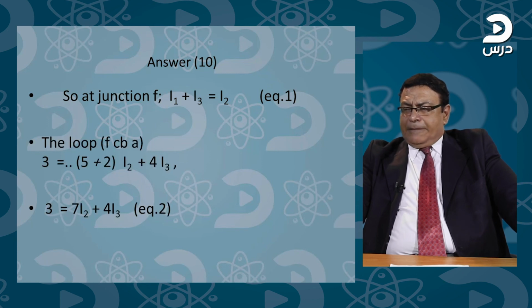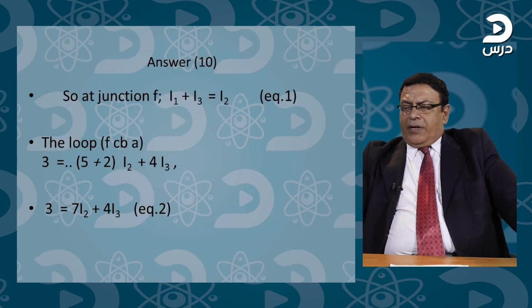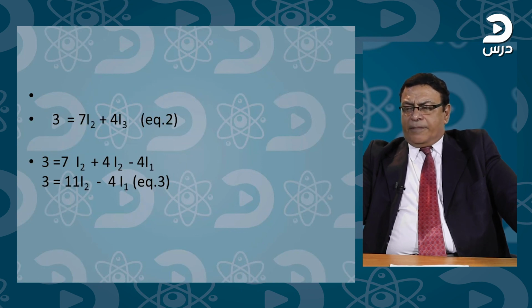Number 10. At junction F, we take the point F: I1 plus I3 equal I2. This is equation number 1. The loop FCBA: 3 equal I2 multiply 5 plus 2, plus 4I3, plus 3 equal 7I2 plus 4I3.